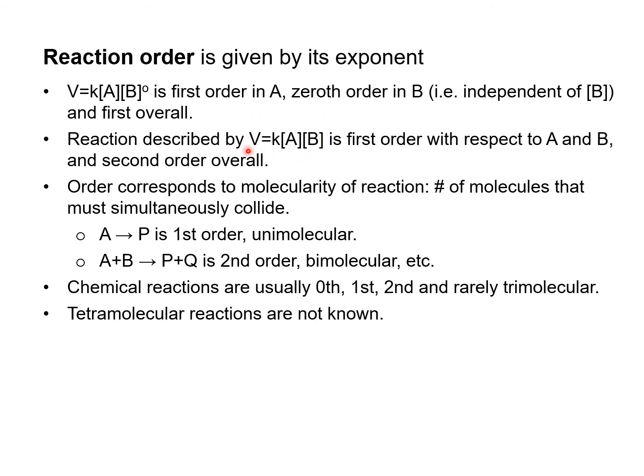And this order corresponds to the molecularity of the reaction, which is the same as the number of total molecules that must simultaneously collide for such a reaction. So in the case of this A to P reaction, that will be first order because just one molecule is involved in the reaction, which is a unimolecular reaction, as opposed to this one, A plus B becomes P plus Q, which would be a second order reaction, a bimolecular reaction, and so on.